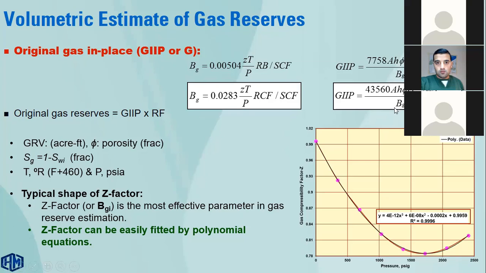In this equation, you need the gas formation volume factor, Bg. It is calculated by this equation as a function of Z factor, pressure, and temperature in these units. This is the typical shape of the compressibility factor, or Z factor, taken from a PVT study of a gas sample or gas condensate sample.